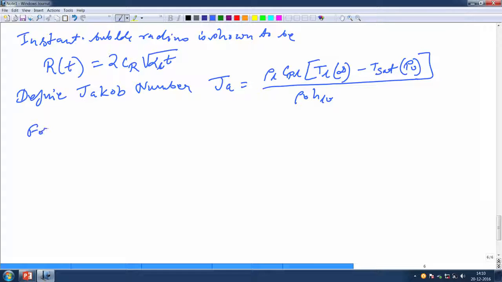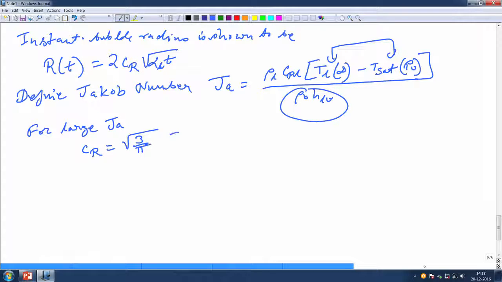Now, you can see the Jacob number is basically the liquid temperature minus the saturation temperature divided by the latent heat. For large Jacob number, CR is basically 3 pi into JA. For small JA, we have CR equal to JA by 2.